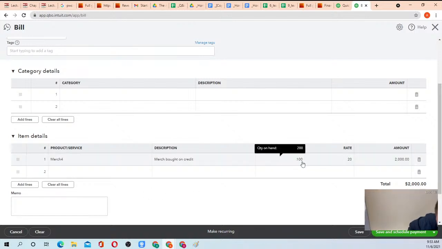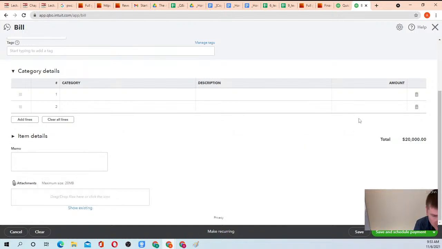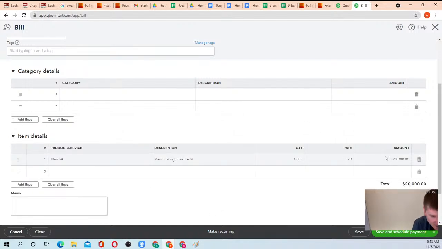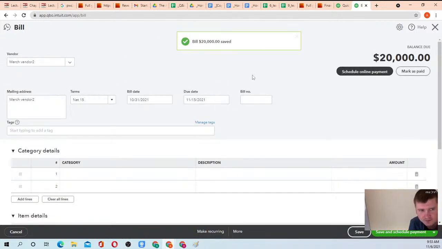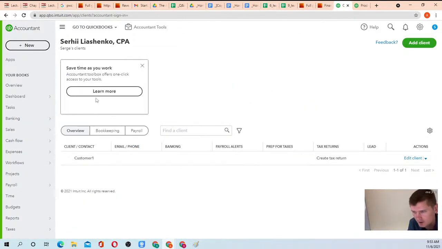So let's say we bought 1,000 items at 20. And we got a bill for 20,000. Let's save it. Okay, let's take a look at what happened to our balance sheet.